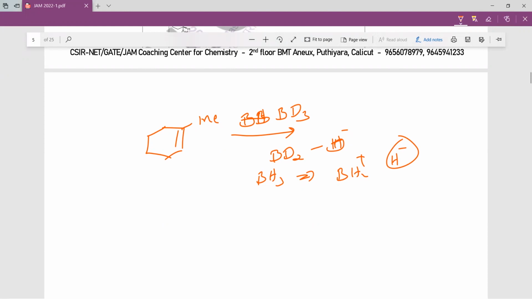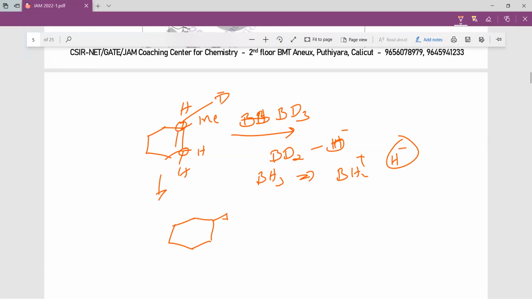The Markovnikov rule says hydrogen will go with the carbon having the higher number of hydrogens. Here we have two hydrogens, and here we have one hydrogen. If it is Markovnikov addition, the hydrogen should come to this carbon, but this is an anti-Markovnikov product, so deuterium should come here on this carbon, and BD2 will be on this one.